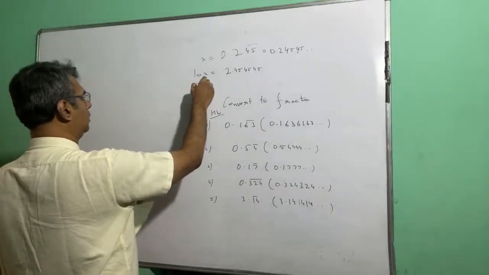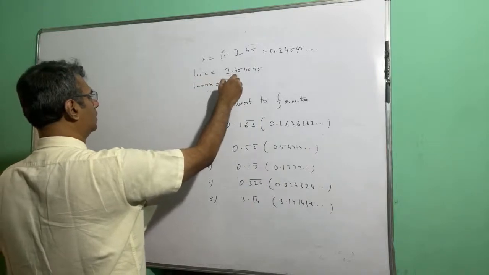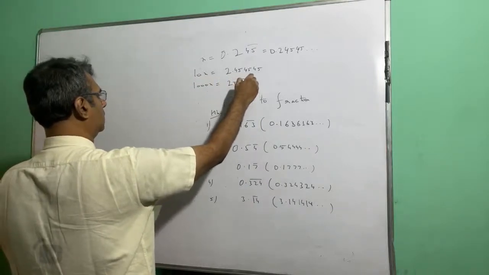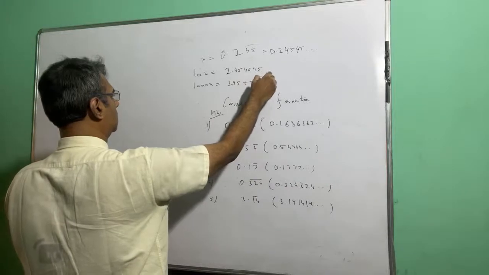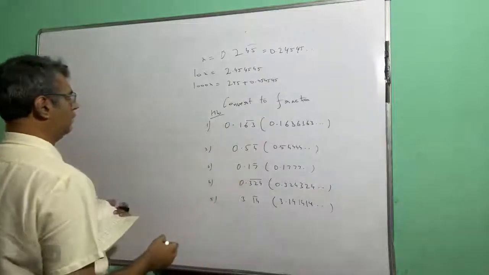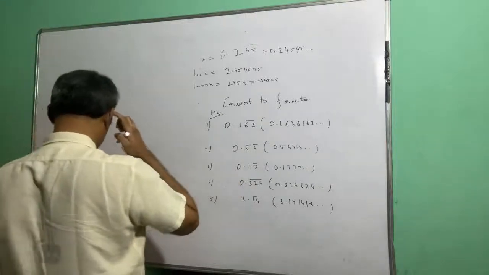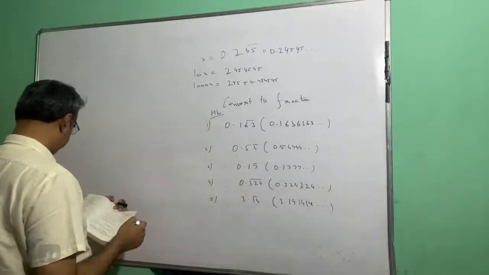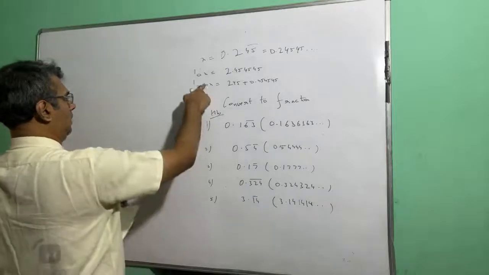Then you multiply both sides with 100. So 100x is 245 plus 0.454545 like that. Then you subtract these two.